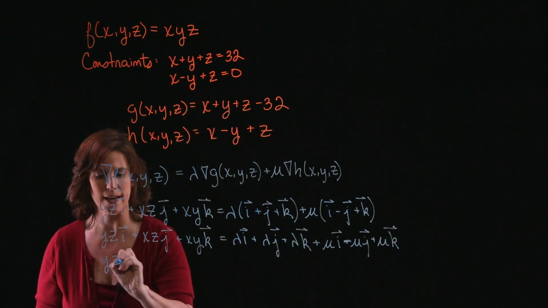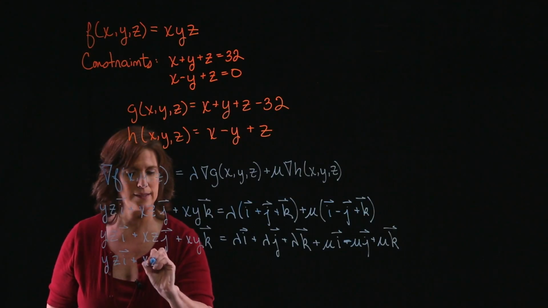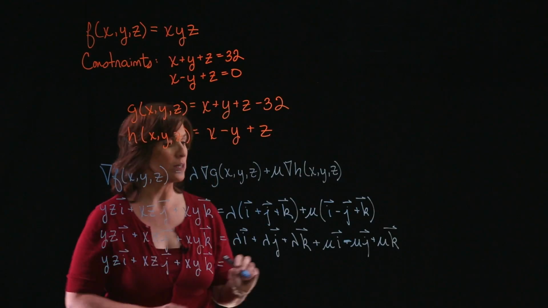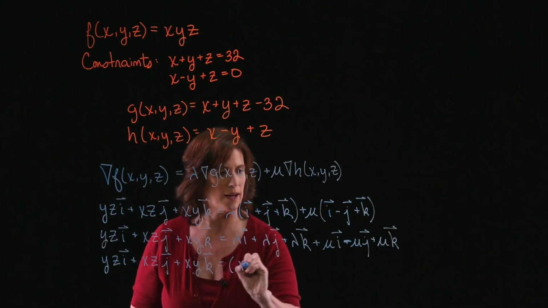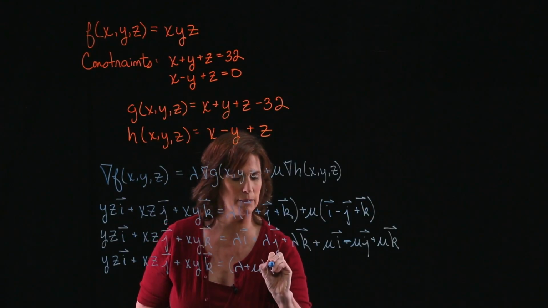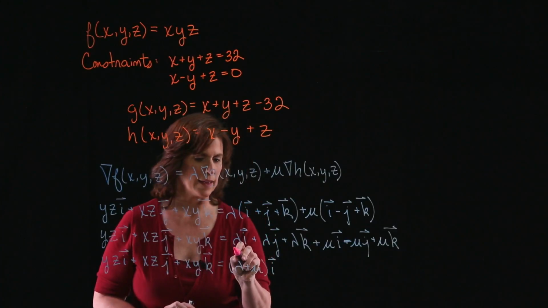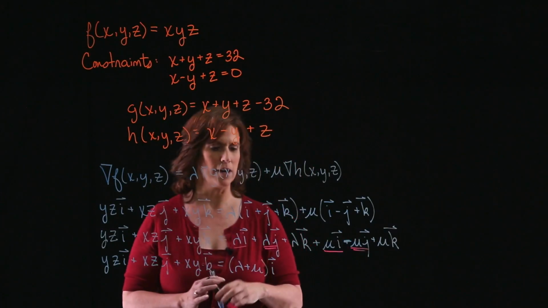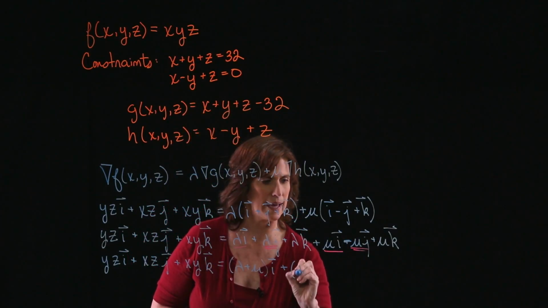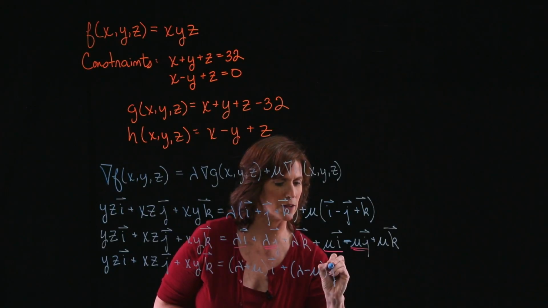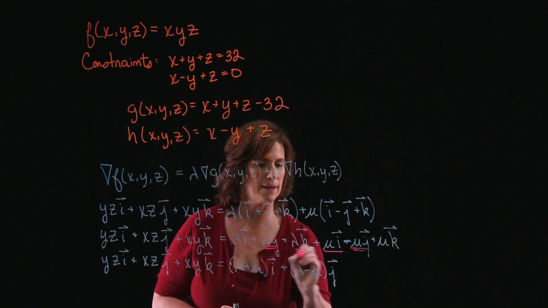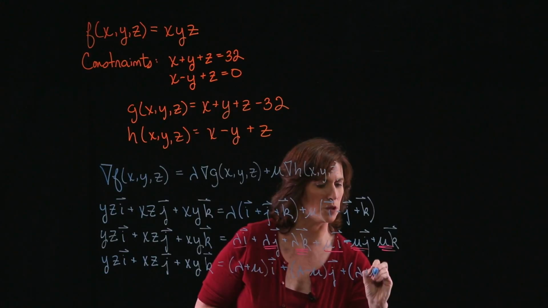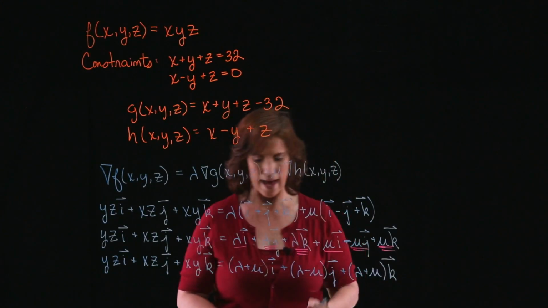So I've got yz i plus xz j plus xy k, and that's going to be equal to lambda plus mu times my vector i, because I'm combining this term and that term. Then I'll combine the j components together, so I will have lambda minus mu times my vector j, and then when I combine those last terms, I will get lambda plus mu times my vector k.